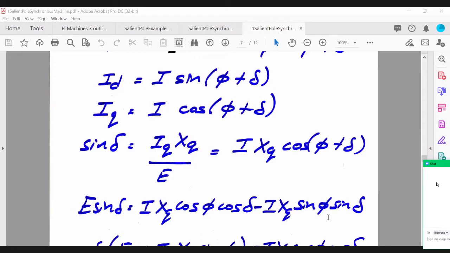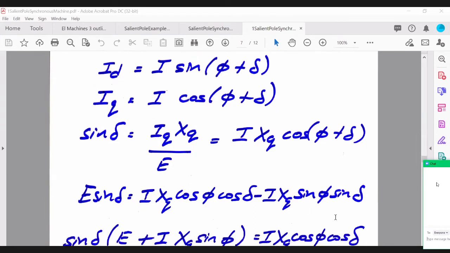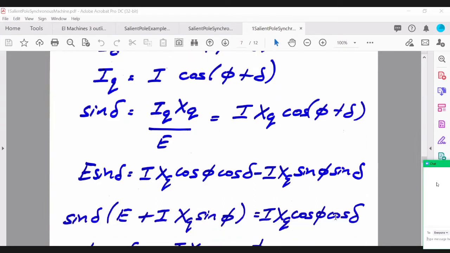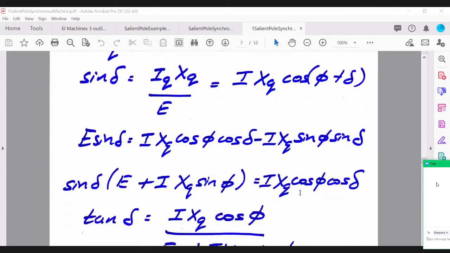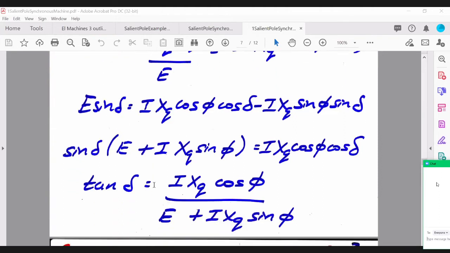I've done the expansion for you, and that ends up with a few mathematical operations, basically making sine delta the subject of the formula, and then sending this part to the denominator. You end up with tan delta being equal to I XQ cos of phi over E plus I XQ sine delta.